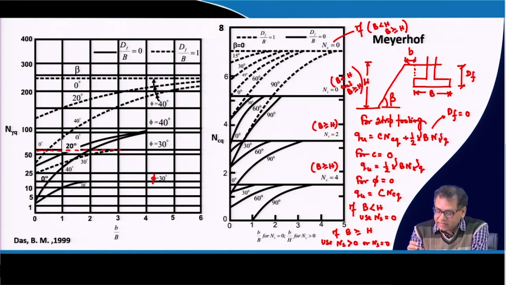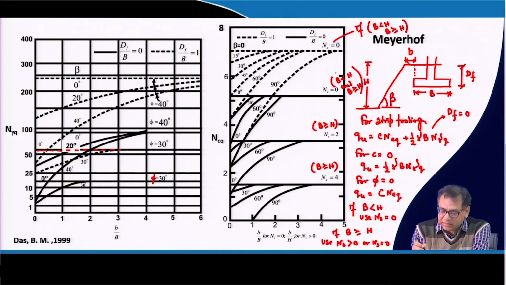So, that means this n equal to 0 case you can use for any condition of b compared to h, whether b is greater than equal to h or b is less than equal to h. But if it is n equal to 2 and n equal to 4 case, or n greater than 0 cases, you can only use it if b is greater than equal to h, but not if b is less than equal to h.